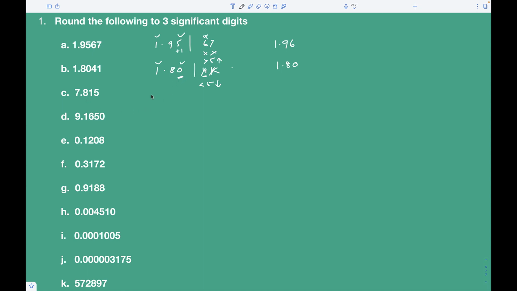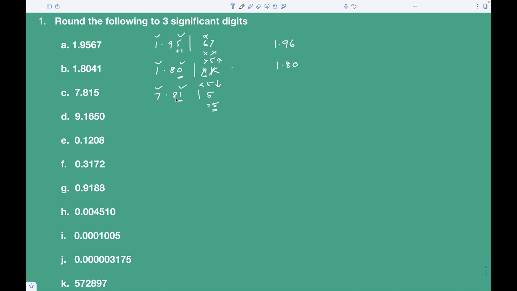Now in this example, again the first significant digit is 7 and the third significant digit is 1. So we have to keep these 3 digits and drop this 5. Now the only digit that is getting dropped here is equal to 5. Then should we round it up or down? If it is equal to 5, then whether to round up or down depends on the last digit that you are keeping.